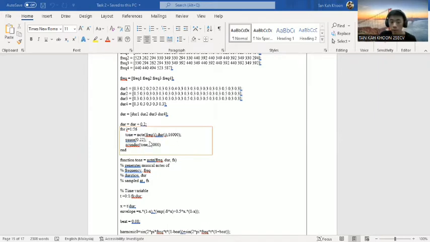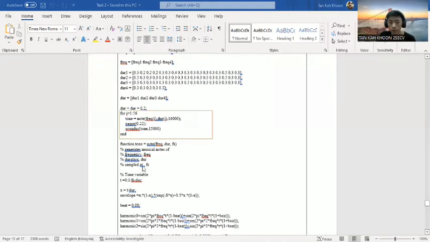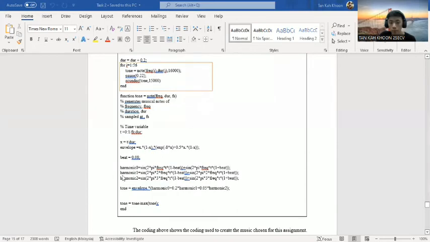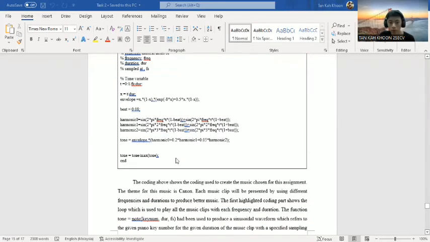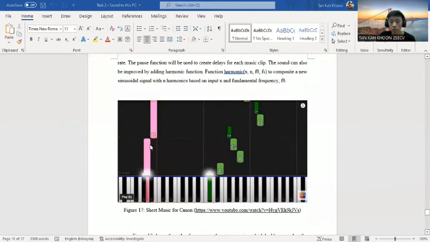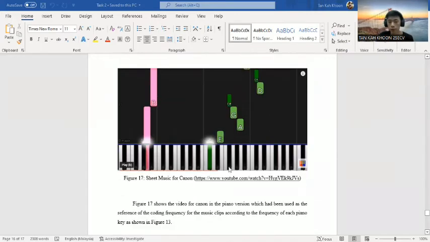And it will pause after 0.22 seconds and play the sound of the music. So basically, this is the coding of the part, and this will be the source that I use to generate the music for the Canon, which I use.